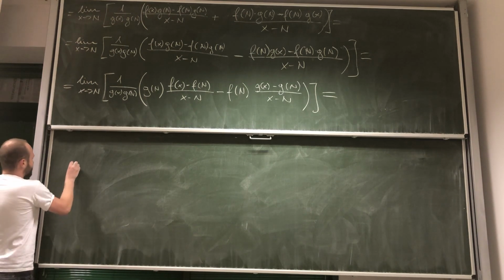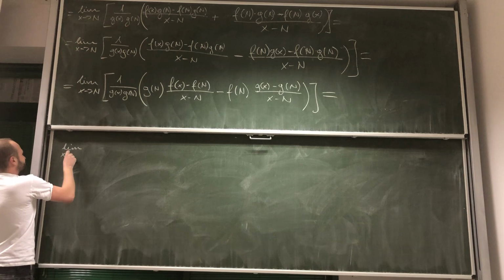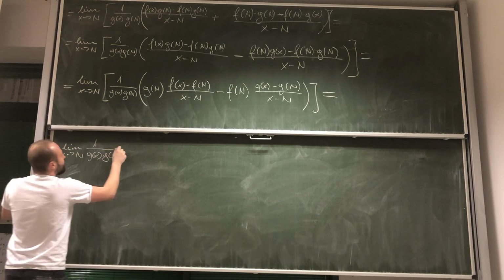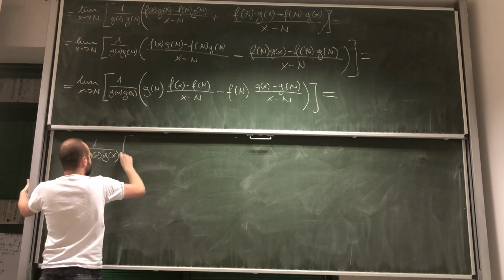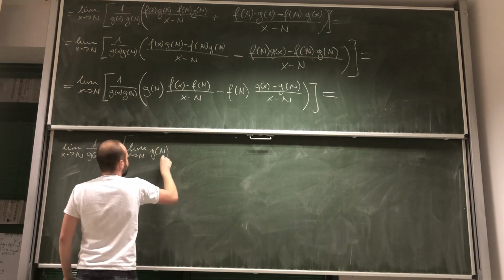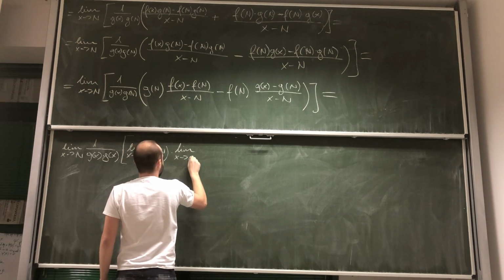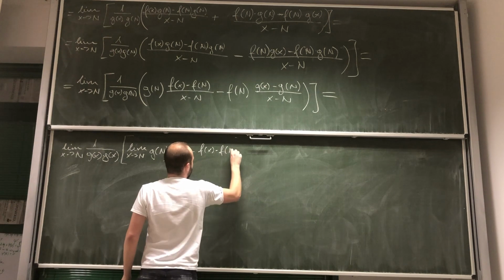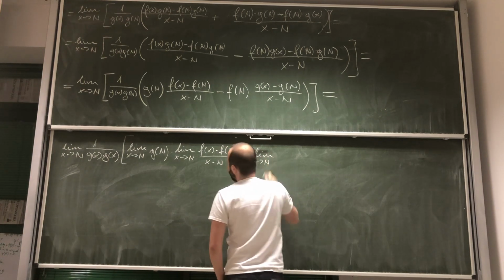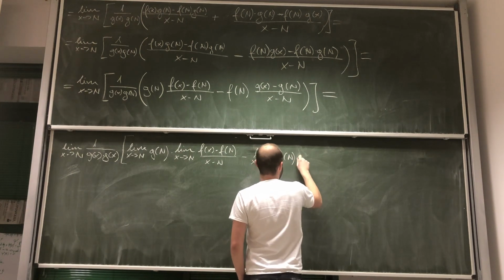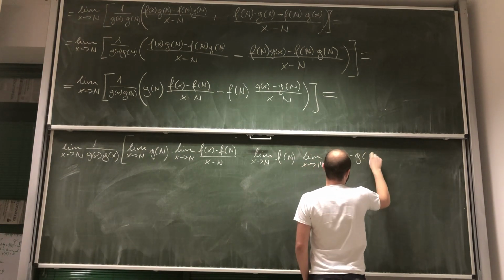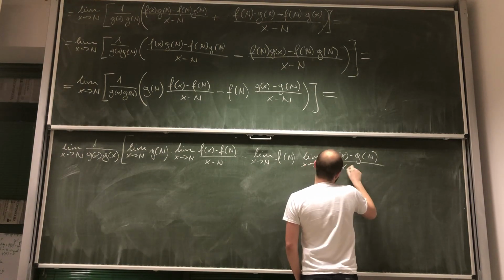I'm going to have the limit with x approaching n of 1 over g(x) times g(n), this whole thing times the limit with x approaching n of g(n) times the limit with x approaching n of (f(x) minus f(n)) over (x minus n), minus the limit with x approaching n of f(n) times the limit with x approaching n of (g(x) minus g(n)) over (x minus n).